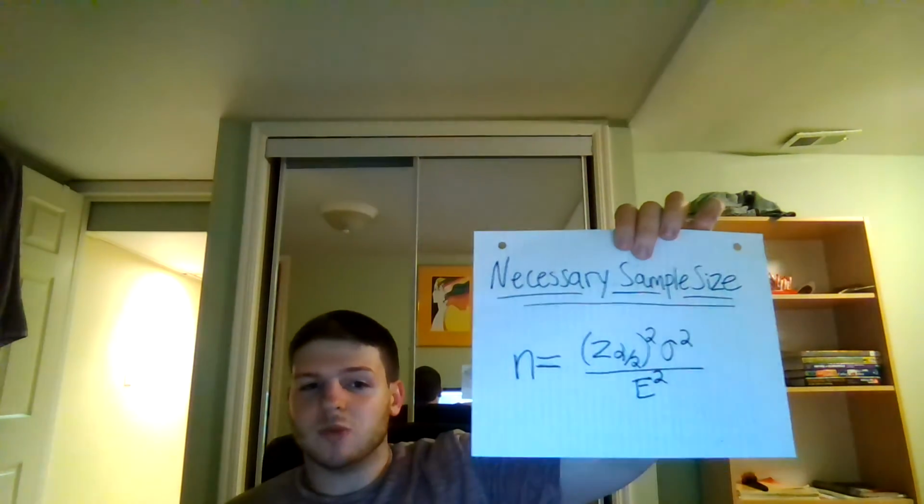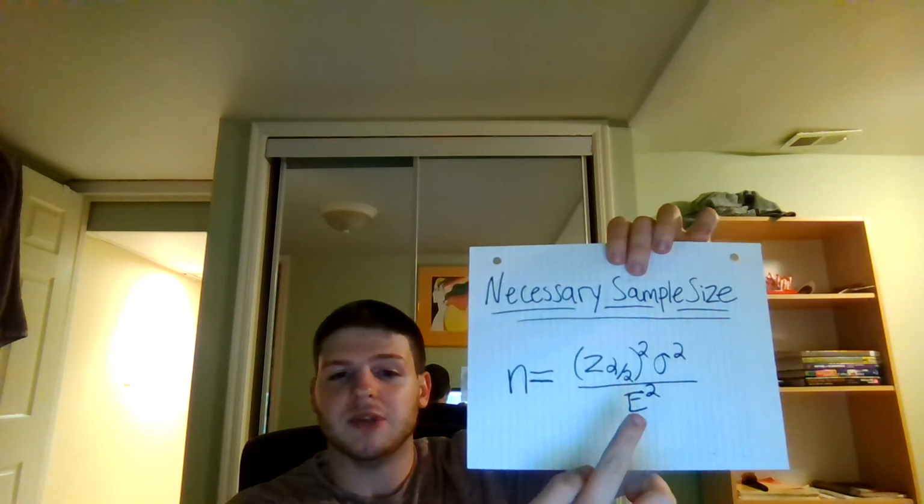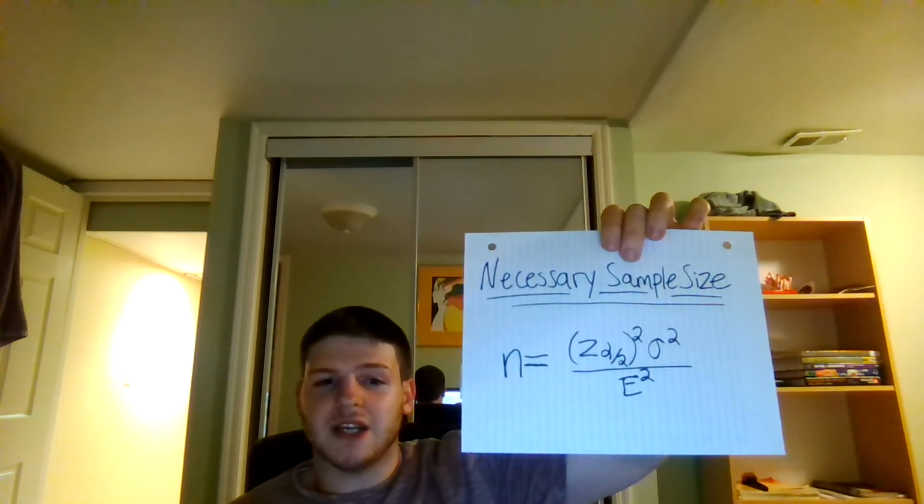Now, sometimes people or companies like to know the sample size that would be needed to hit a certain confidence level or level of significance, along with a specific margin of error, in which case they use the following equation, where the variables are all the same except E here, that's going to be your margin of error.